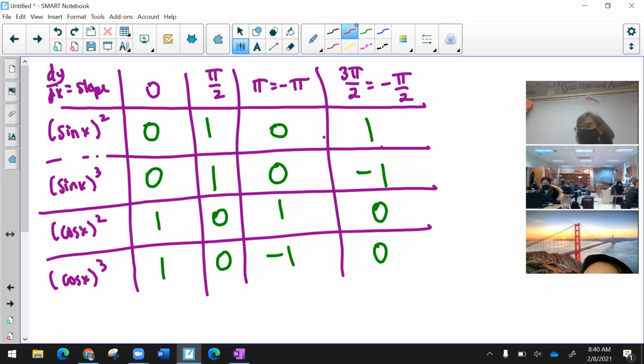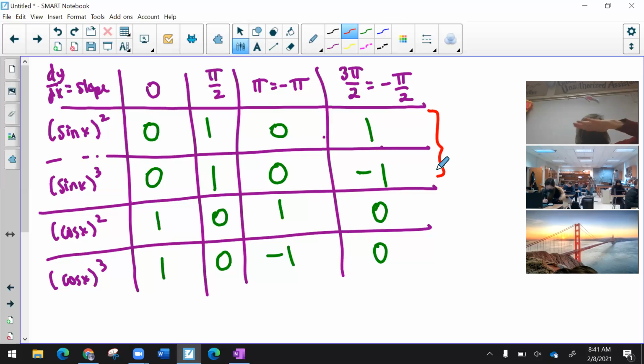So we might want to start by looking at the origin. My first two functions here, sin(x²) and sin(x³), both have a slope of 0 at the origin. What does a slope of 0 look like?